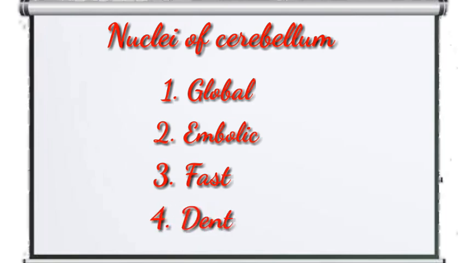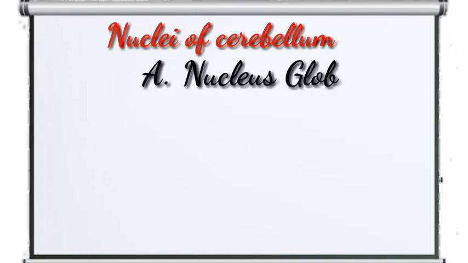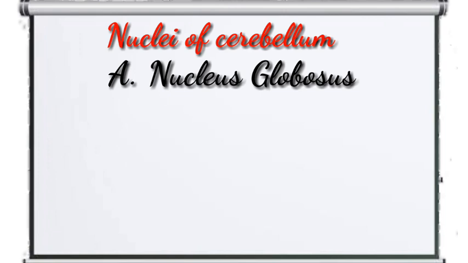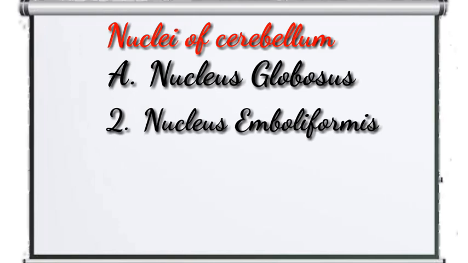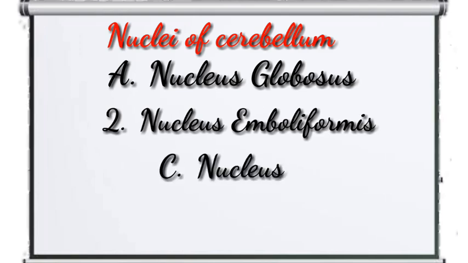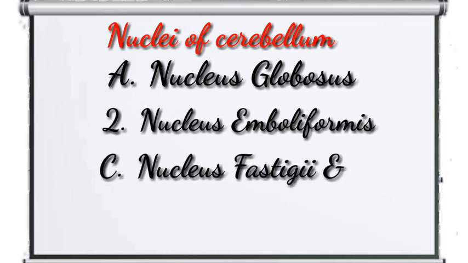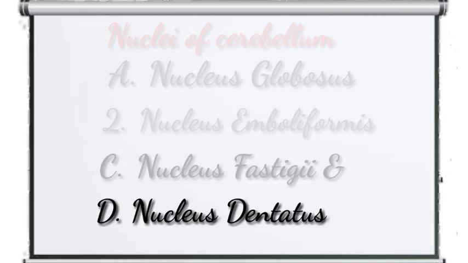So from these four words we can remember the nuclei of cerebellum. One nucleus is global, nucleus globosus. Second one is embolic, nucleus emboliformis. Third one is fast, nucleus fastigii. And fourth nucleus is nucleus dentatus.